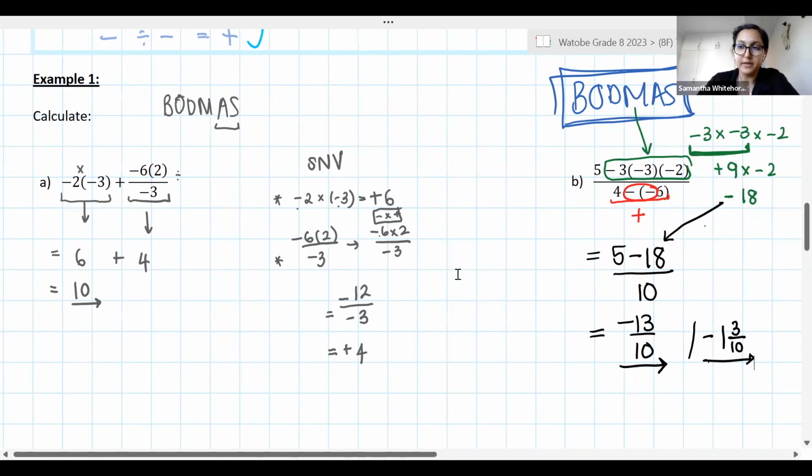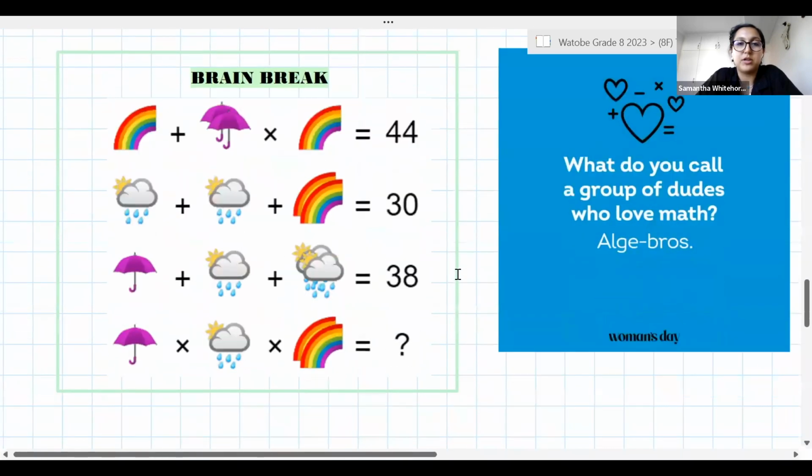Time flies. So we had a brain break on Monday that we couldn't quite figure out. And I'm hoping some of you took your screenshots and went to see if you could work it out for us. So I'm about to scroll down to that brain break to see if we've got any answers. I'm assuming we've all got screenshots, so I'm leaving it.